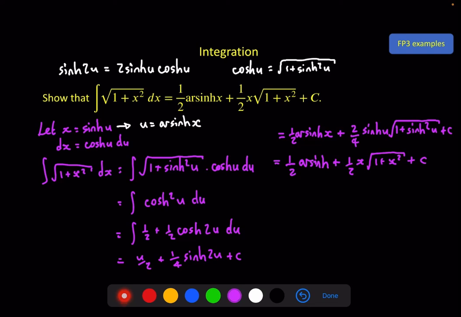And that's quite a nice little trick. If you've got a sinh 2u, do this in order to get them all back into sinh u's that you can then convert back to x.